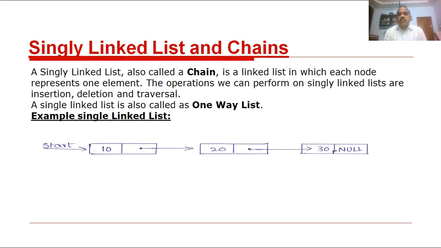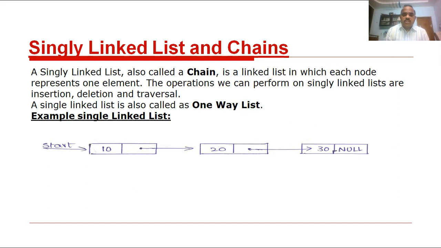The operations we can perform on a single linked list are insertion, deletion, and traversal. So there are mainly three operations. The first one is the insertion operation, the second is the deletion operation, and the third is the traversal operation. The insertion operation is used to insert an element at the beginning of the list, at the end of the list, or anywhere in the list, in three ways.